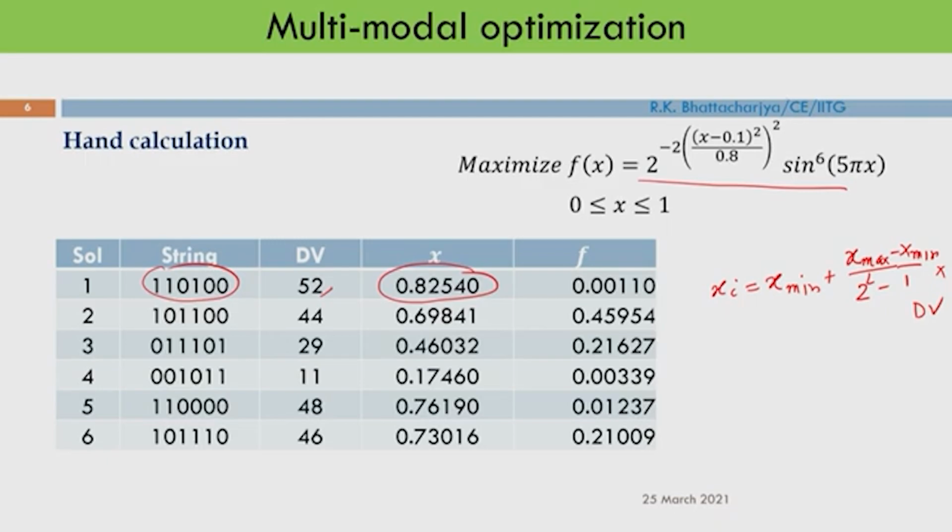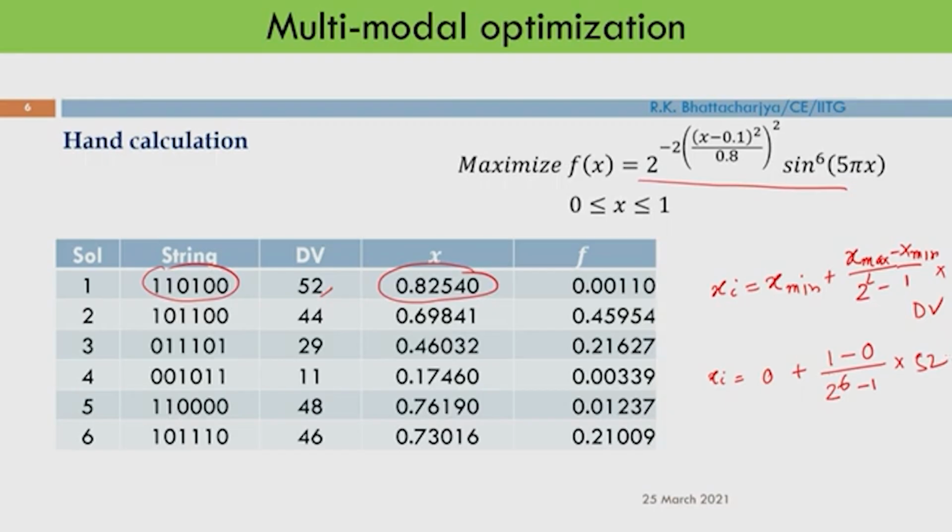So for solution 1, x min is 0, x max is 1, 2 to the power 6 because we have a 6 bit string, minus 1, and the decoded value is 52.